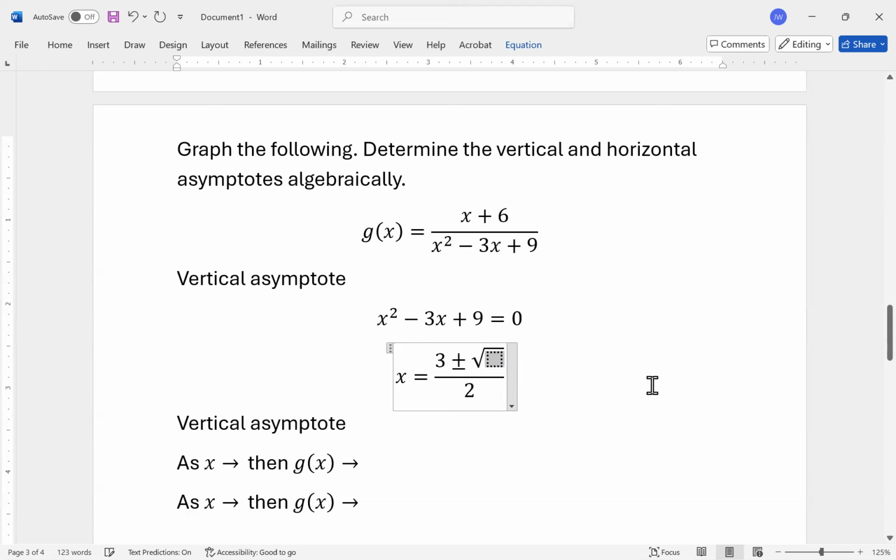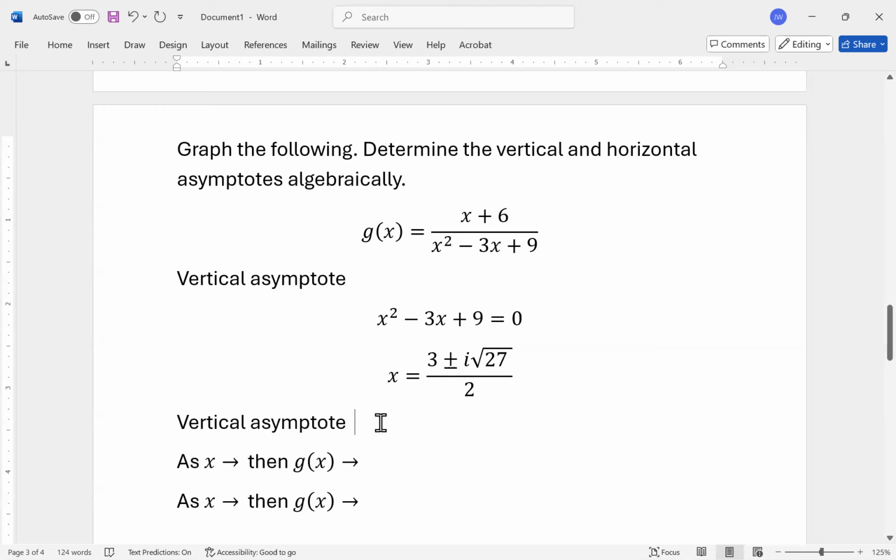So this means that the only zeros of our denominator are complex numbers. That means there's going to be no vertical asymptote.